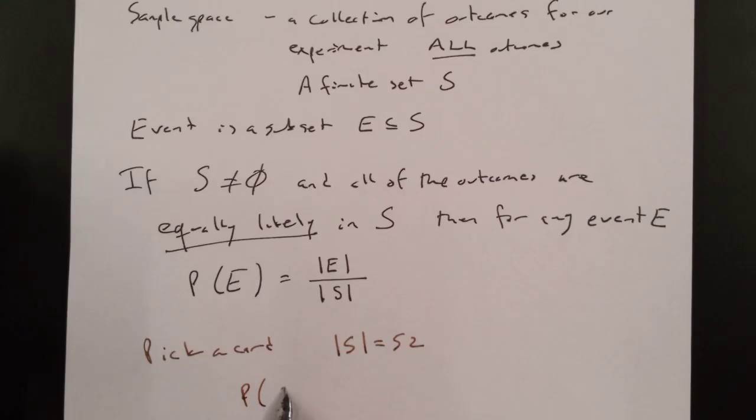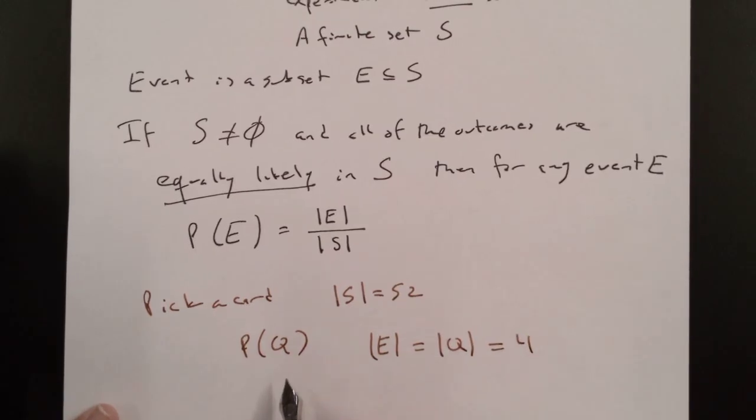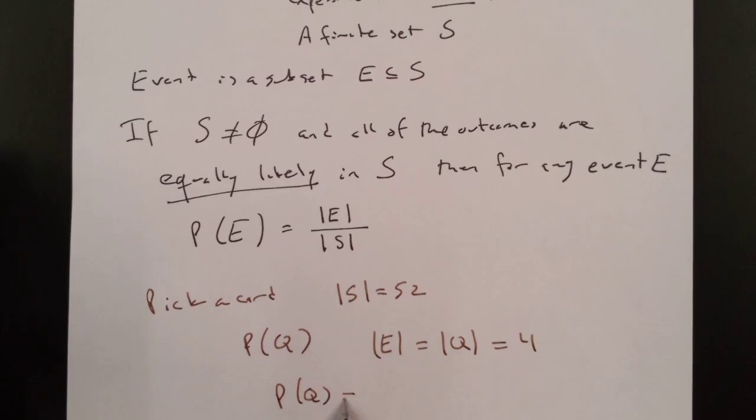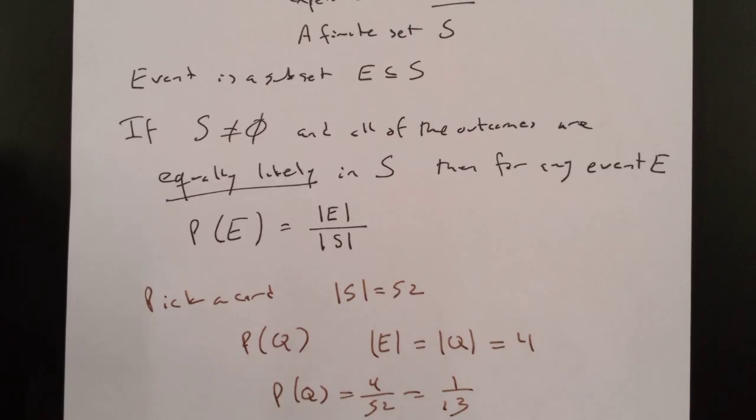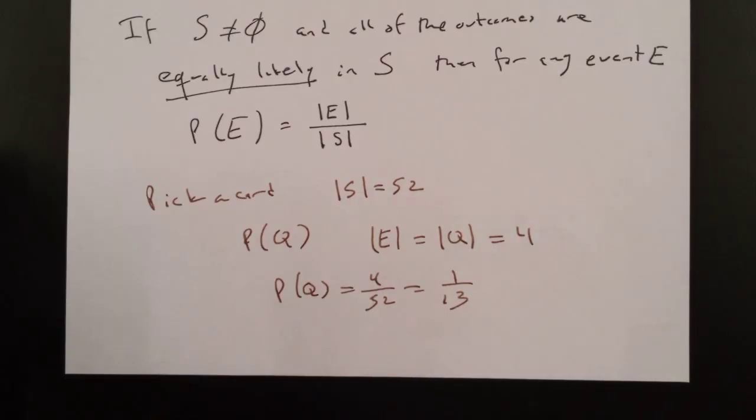I want to know the probability of getting a queen. Well, then my event, the number of ways to get a queen, is 4. So the probability of getting a queen is 4 out of 52, or 1 out of 13. You're welcome to give me a decimal. I don't care.